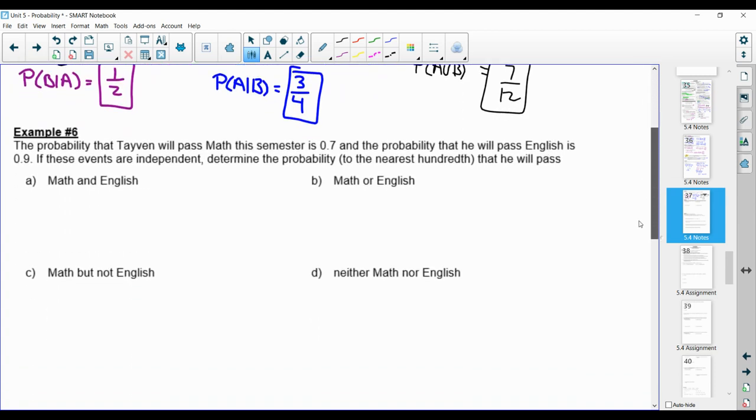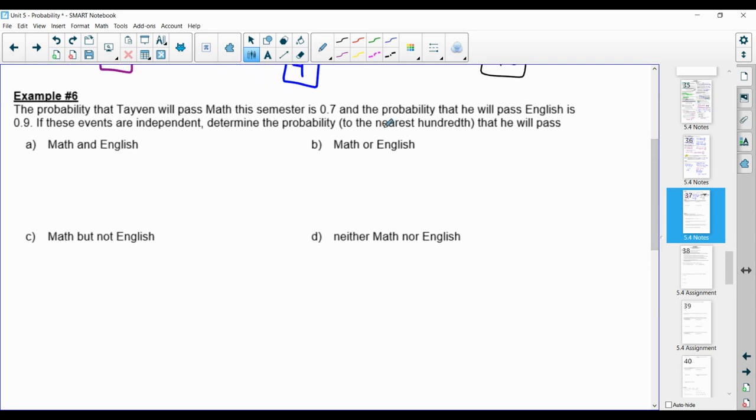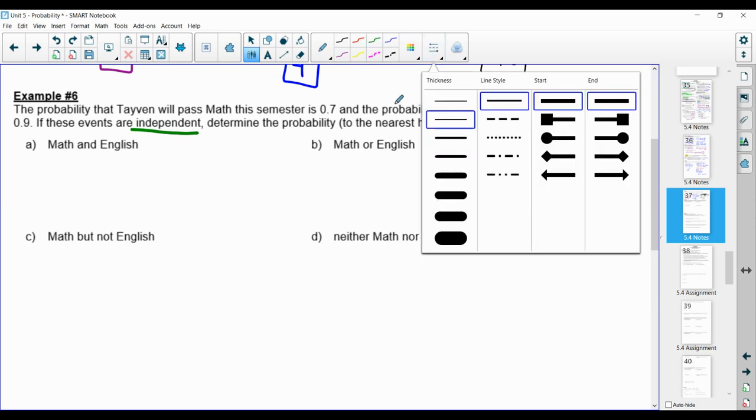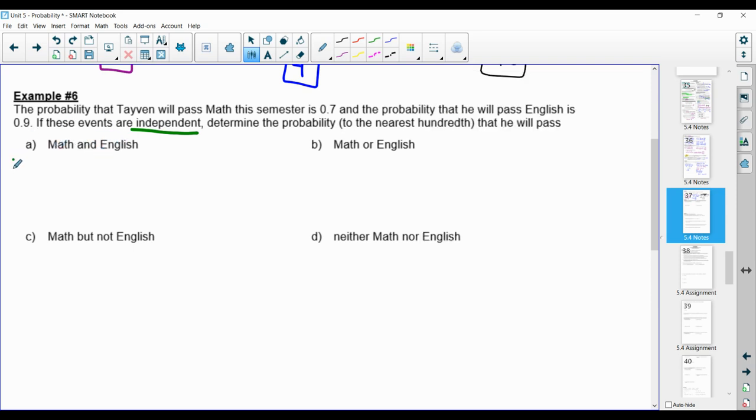All right, 2 more examples today. Example number 6, it says the probability that Taven will pass math this semester is 0.7, and the probability that he will pass English is 0.9. We're told right off the bat that these events are independent. So if these events are independent, we're going to determine the probability of each of the following situations. So the first one, we want to figure out the probability that Taven passes both math and English.